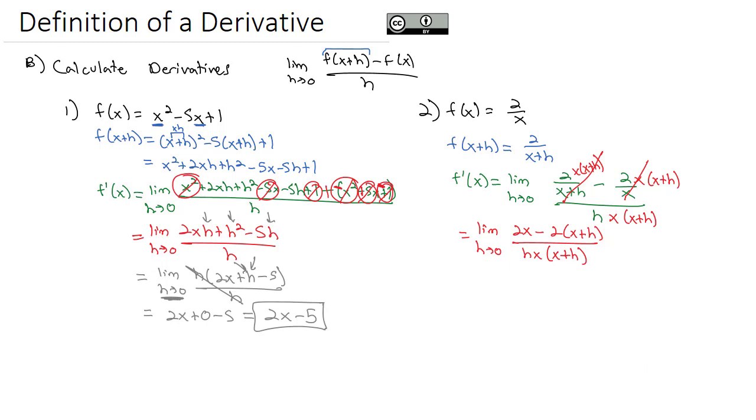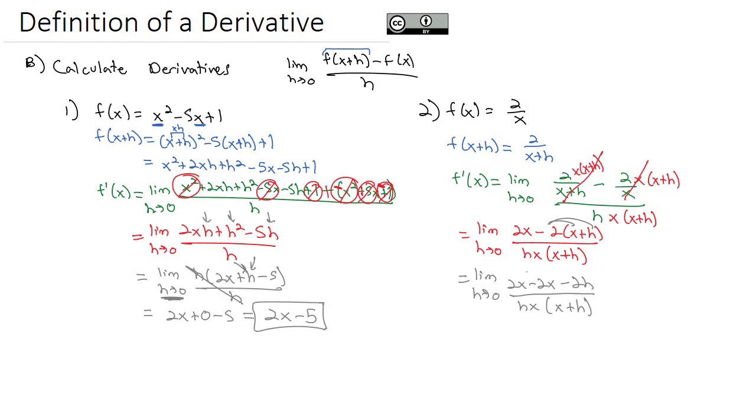I like that the denominator is factored. We're going to leave it like that, but I am going to distribute the negative 2 through, giving me the limit as h goes to 0 of 2x minus 2x minus 2h all over h times x times (x plus h).